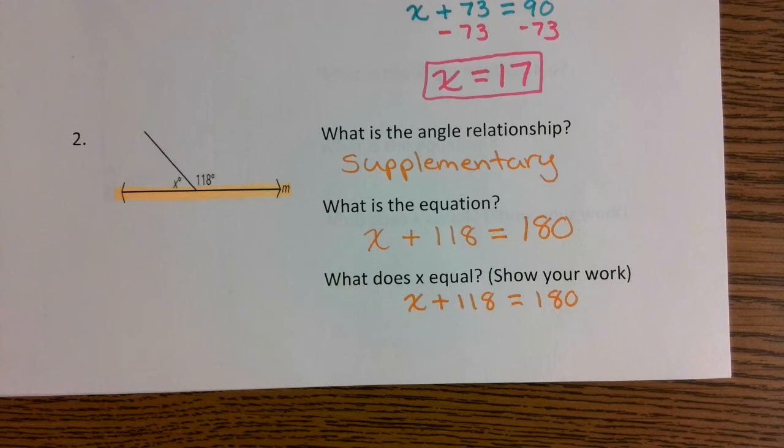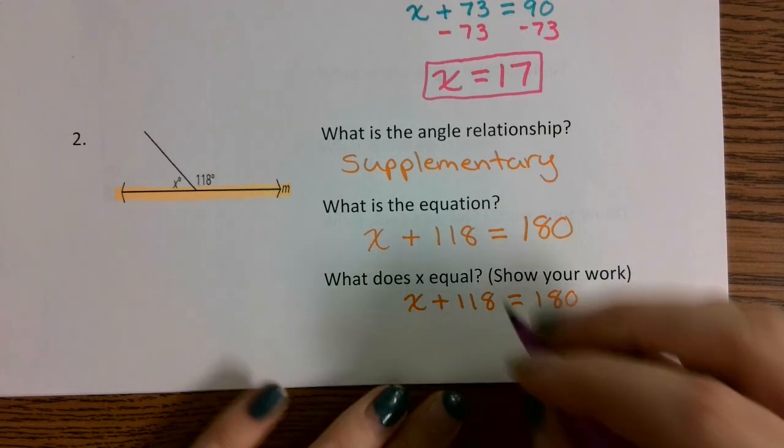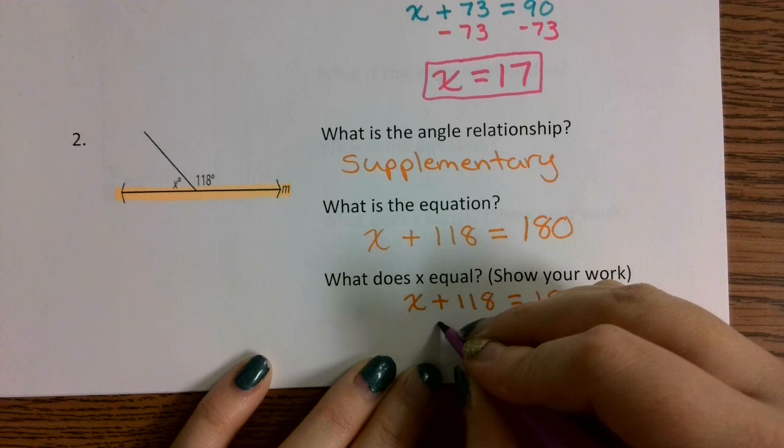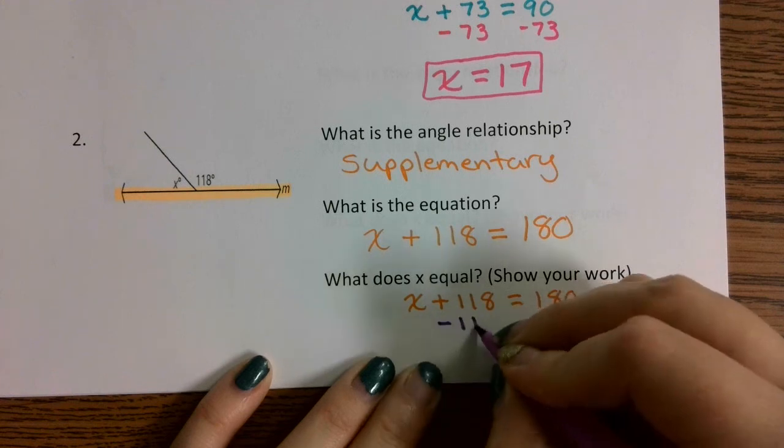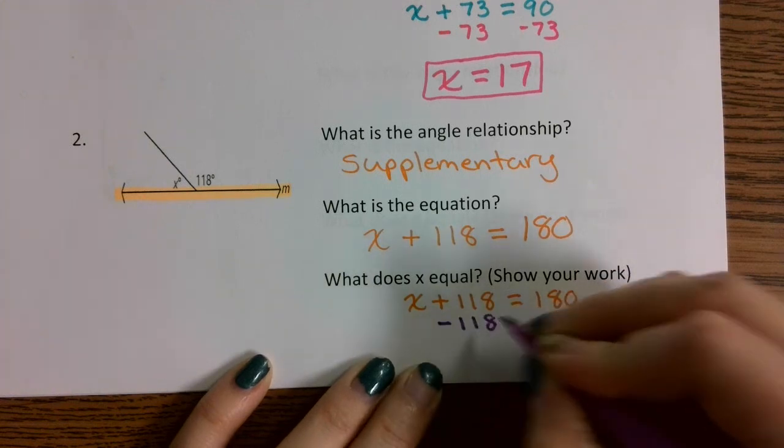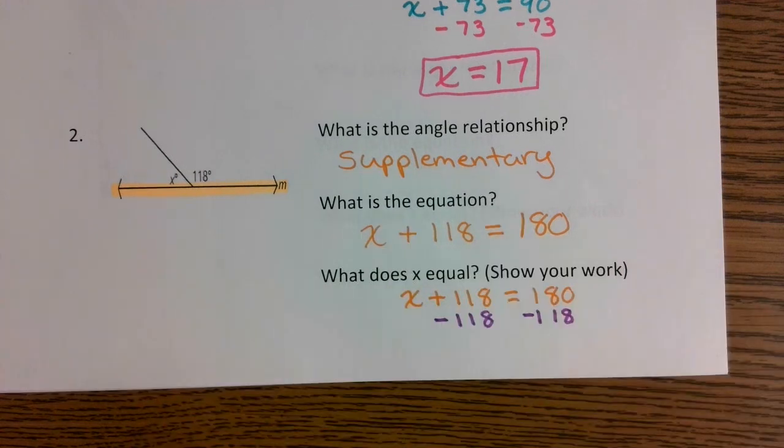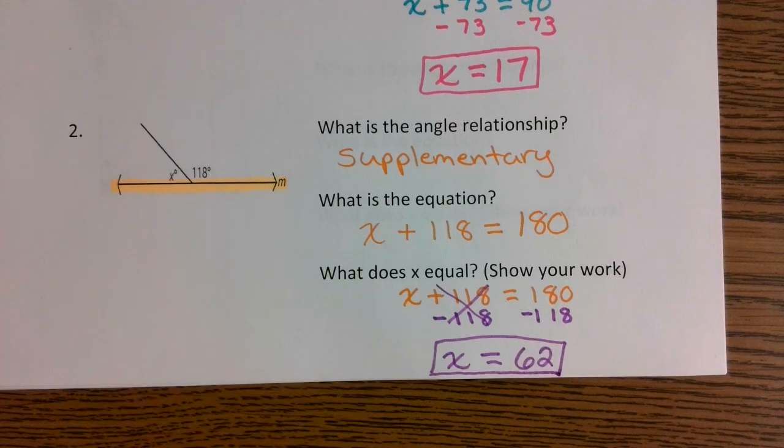So for solving, we have to do the opposite. What's the opposite operation? Subtract. So we're going to subtract 118 from both sides. So that's going to get the x value by itself, right? These 118s are going to cross off. And 180 minus 118 is going to come out to 62. So x is going to be equal to 62.